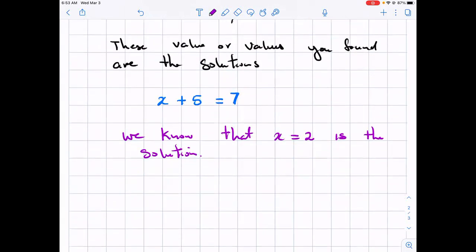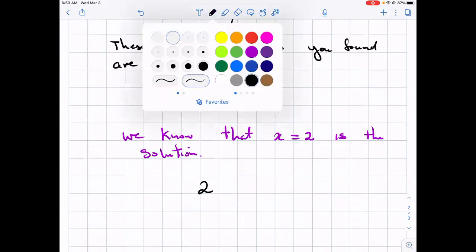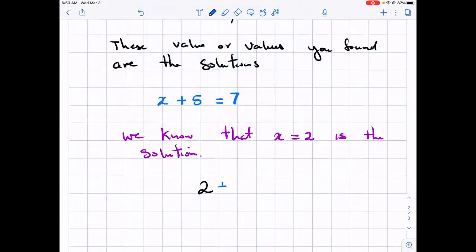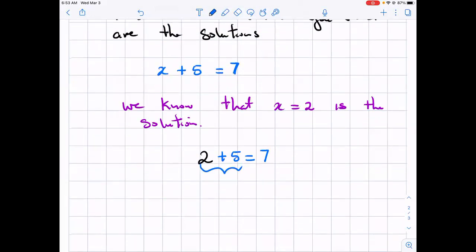We can see this because if we take 2 and add 5 to that, and combine these two, we get 7 is equal to 7. And 7 equals 7 is a true statement. That's our goal.